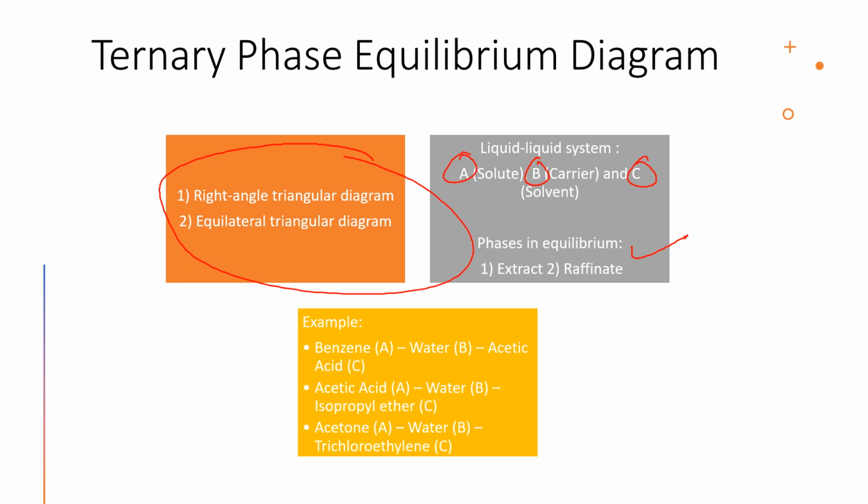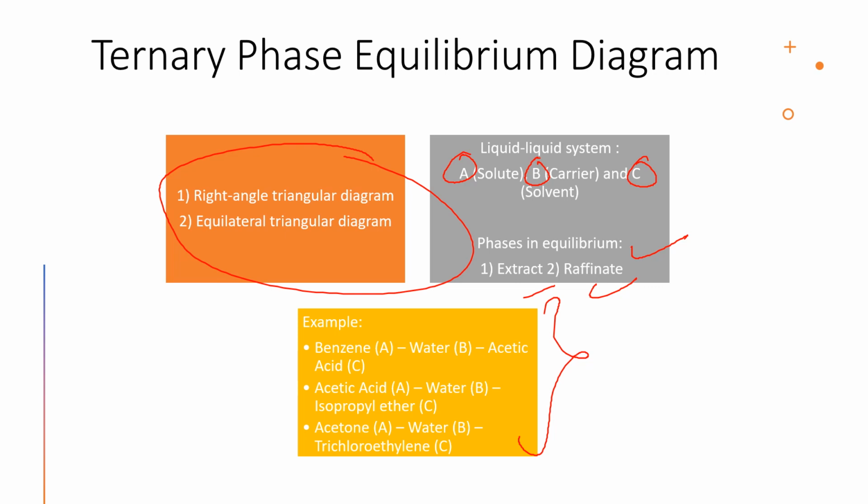There are two phases in equilibrium, the extract and raffinate. So recap your understanding of this definition. Extract is a solvent-rich stream, and raffinate is the carrier-rich stream.